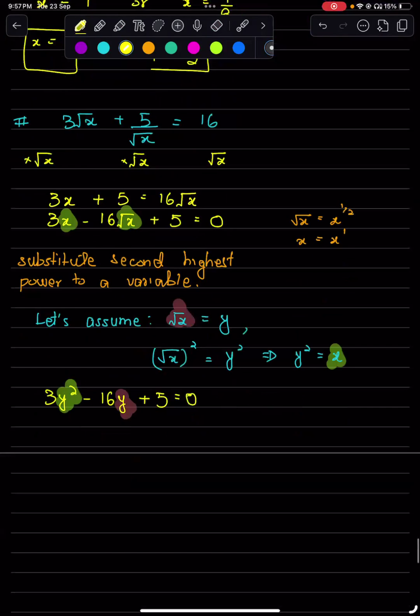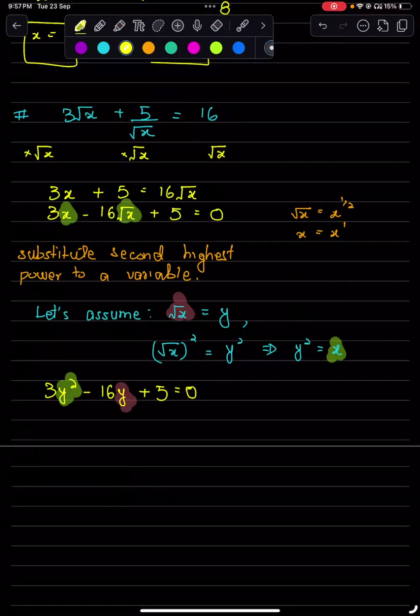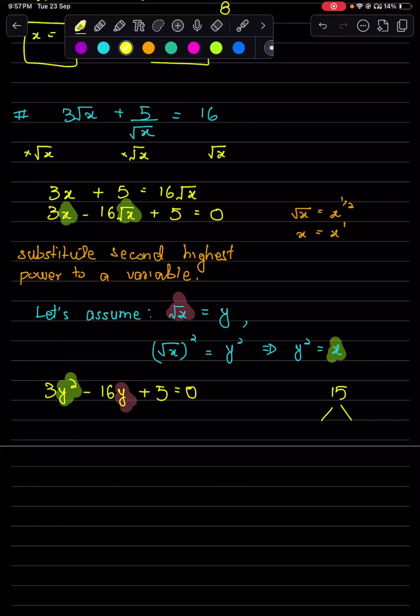Now factorize it. Factors of 15 that are giving me minus 16, on addition or subtraction. Do we have any? Quickly. 15 and 1.